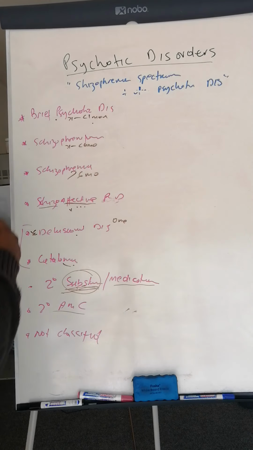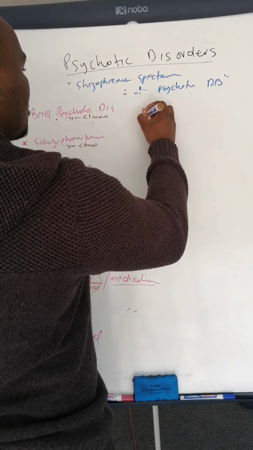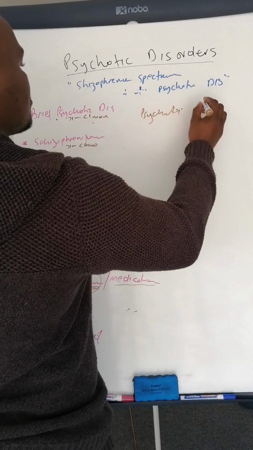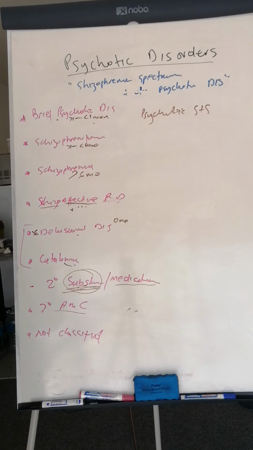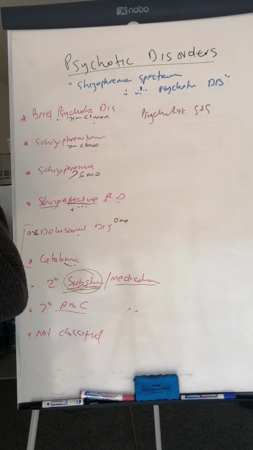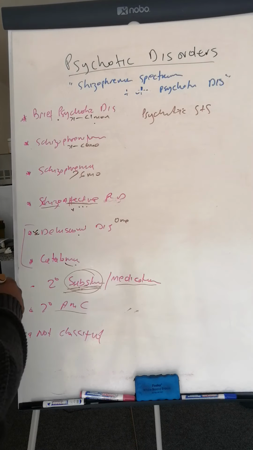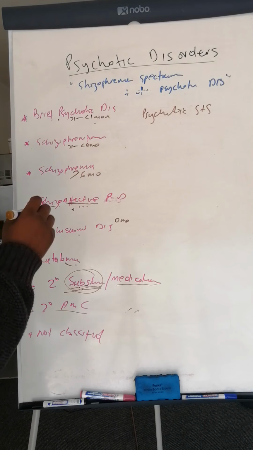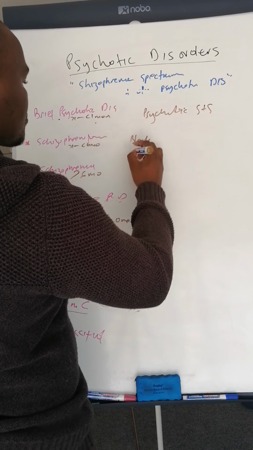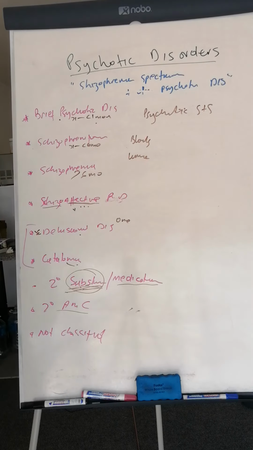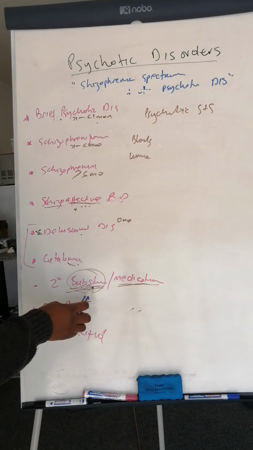When a patient has got psychotic signs and symptoms, the doctor who sees the patient first will obviously examine the patient and say, okay, the patient's got a psychotic episode. What they will do after that, they will investigate the patient. They will do blood. They will do urine. The reason why they do blood and urine is that they want to actively rule these two out.